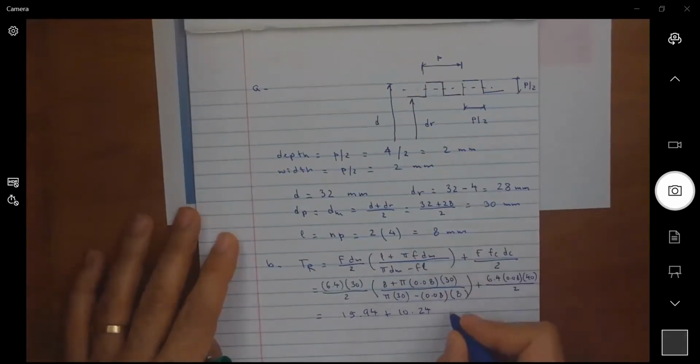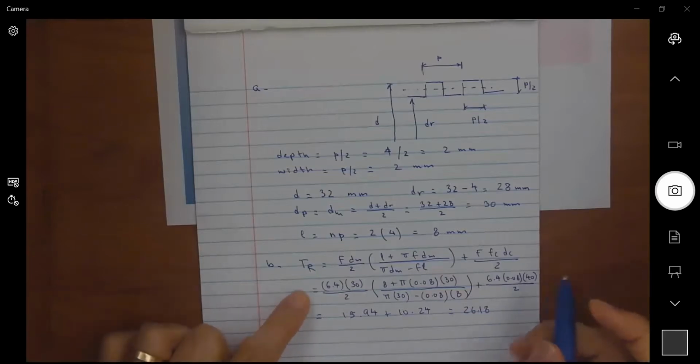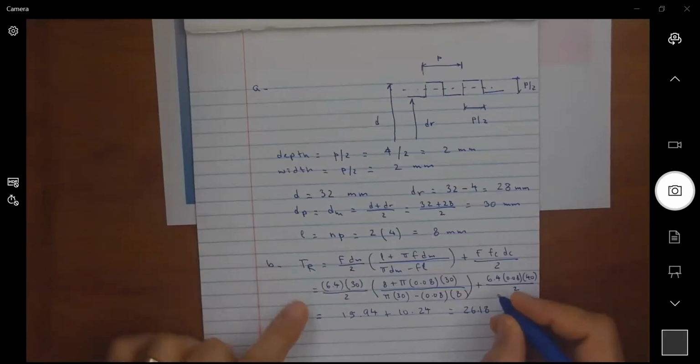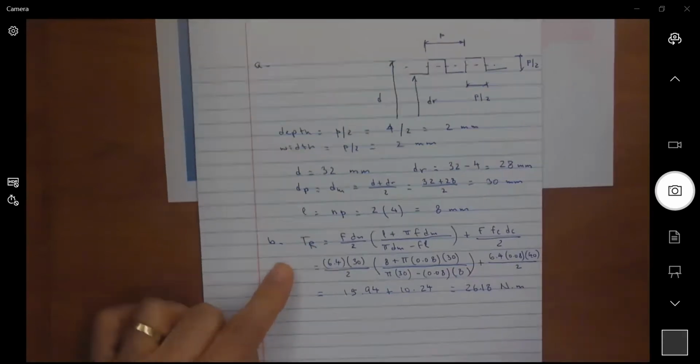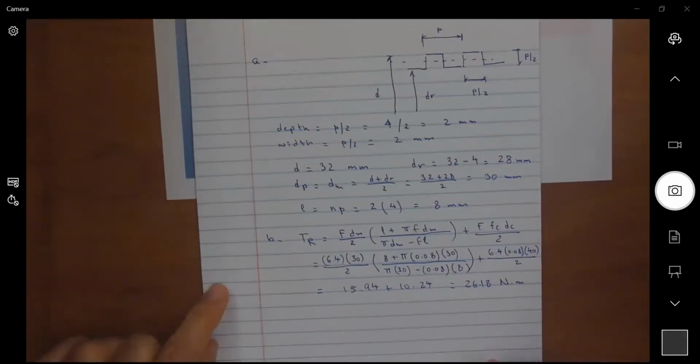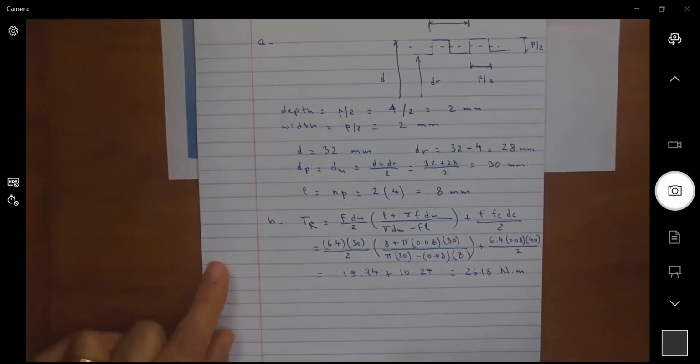I add these numbers and I get 26.18. And because we used millimeter and kilonewton, this would be in Newton meter. So this is the torque that is required to raise the load.